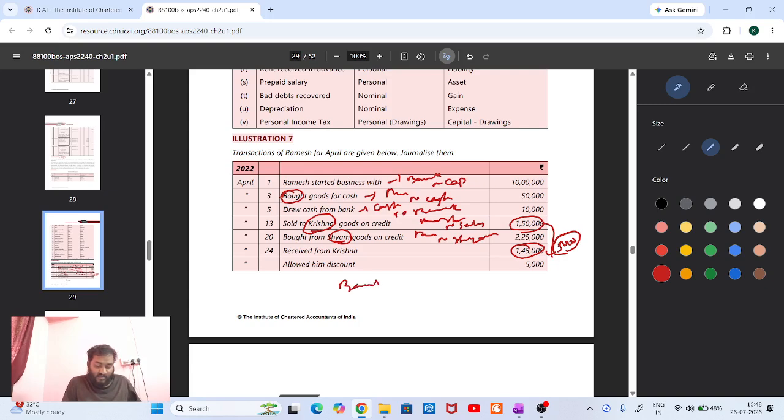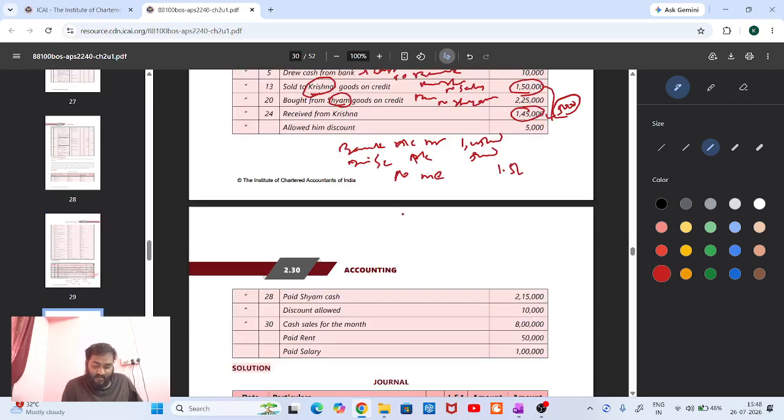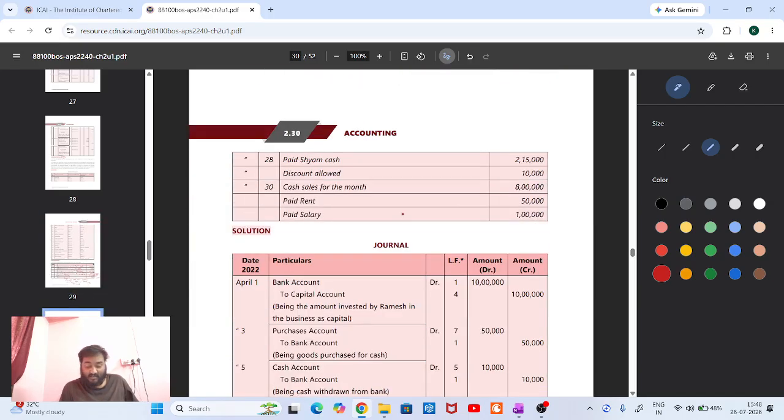Okay, the journal entry is: bank account debit 1,45,000, discount account 5,000, to Krishna 1.5 lakh. Allowed him discount 5,000. Even if they haven't told you about this, we know that. Paid sum. This is the same journal entry, paid cash sales.